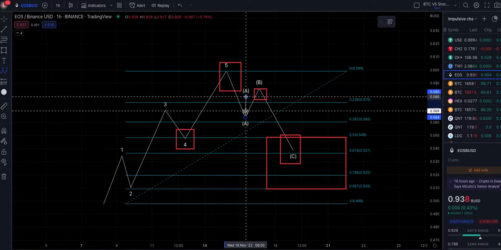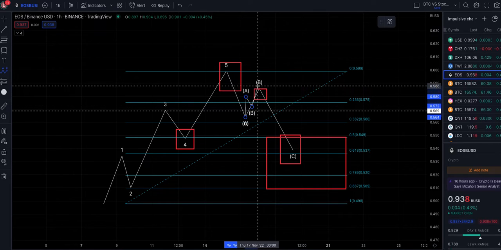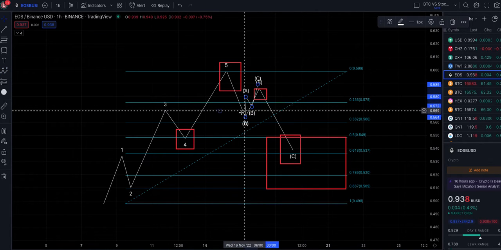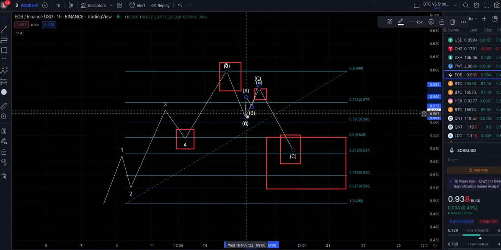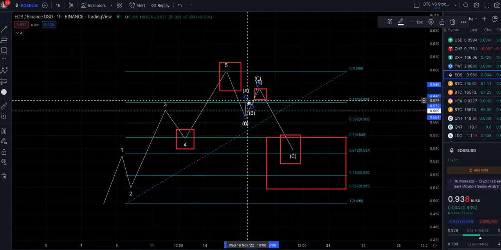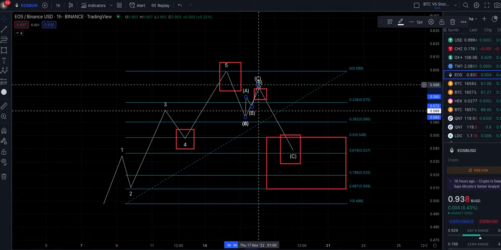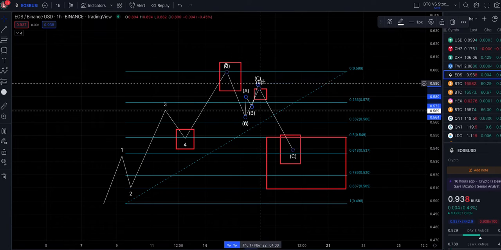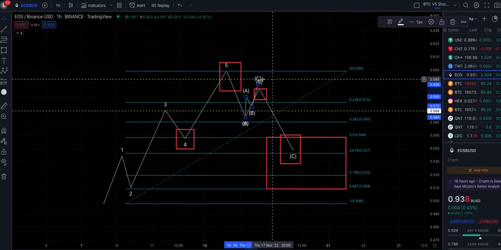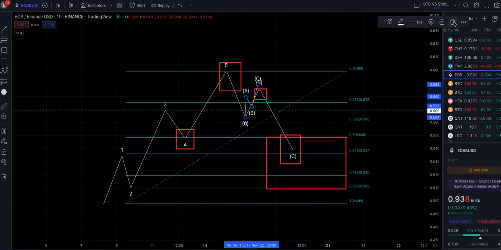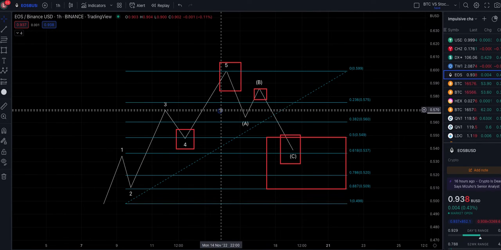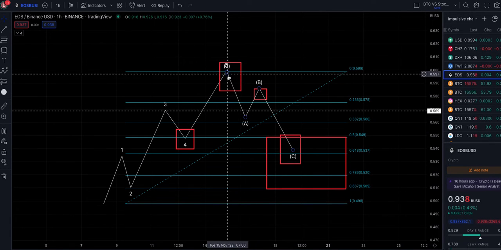So you would get an A, a B, and then a wave C up. Now in that move, this A, B, C, you get 5 moves, 3 moves, and 5 waves in the wave C. So you'll always be able to find these micro maneuvers on smaller timescales if you just want to double check.